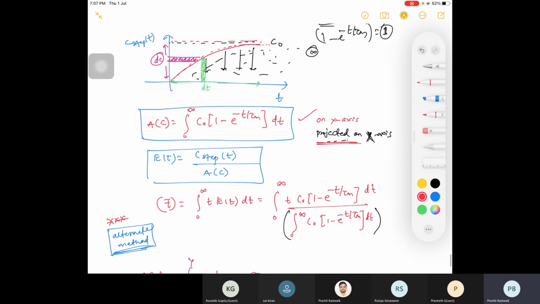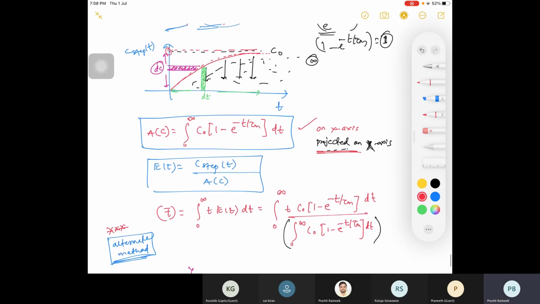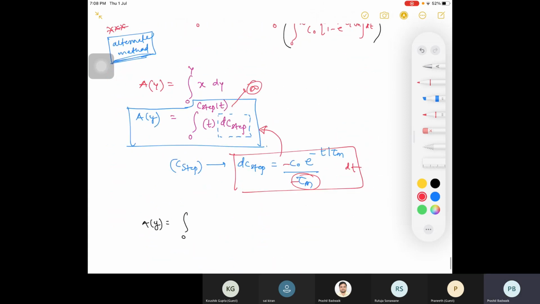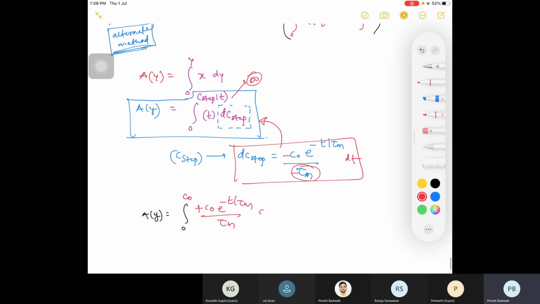That is your value. I am writing 0 to C naught. Now substitute this plus C naught e to the power minus t by tau m divided by tau m and dt.